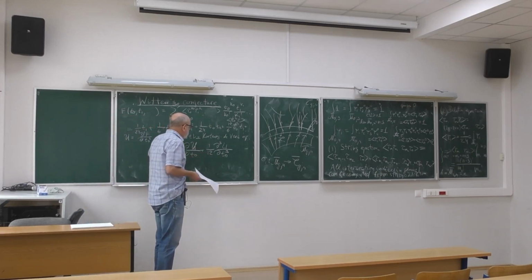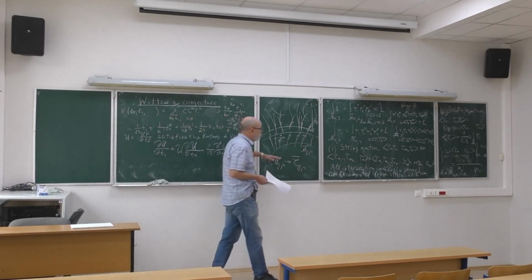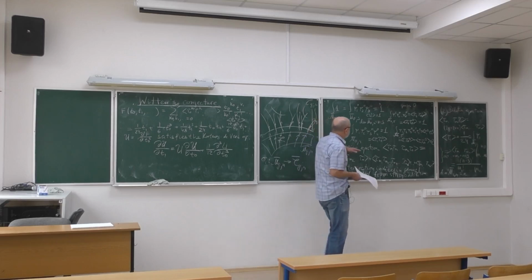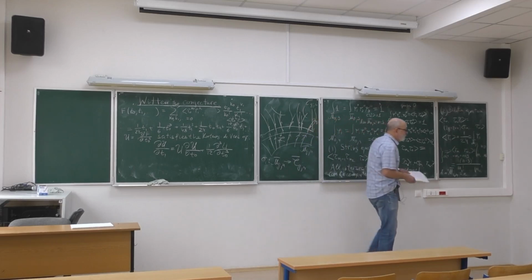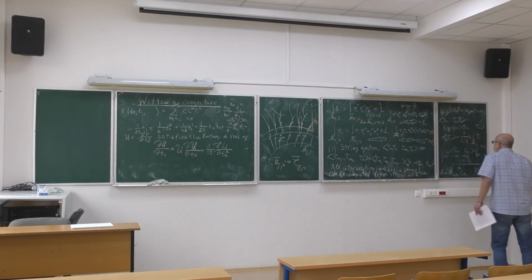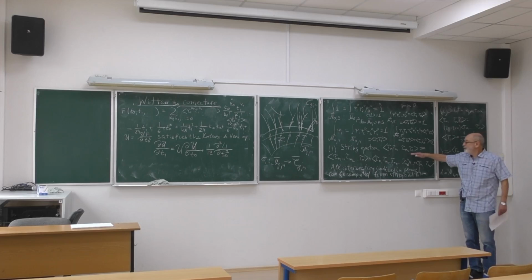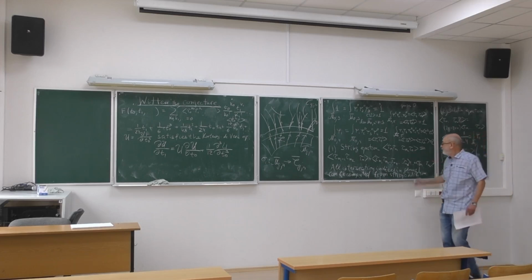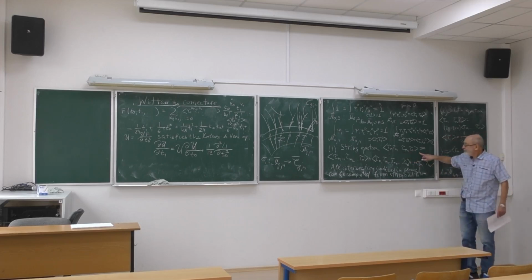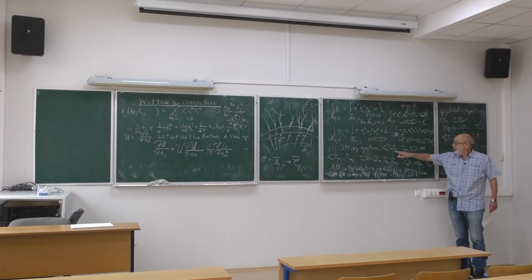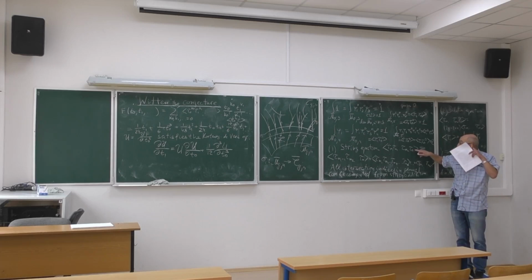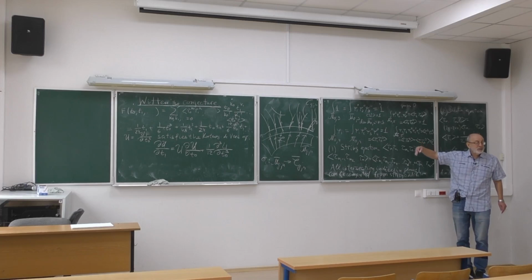Why is it related to our problem of computing these intersection indices? You see, what is the nature of the string equation? We have n plus 1 marked points, such that at one of them, the psi class enters in degree 0.